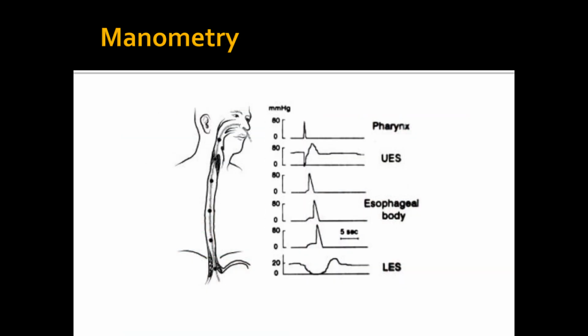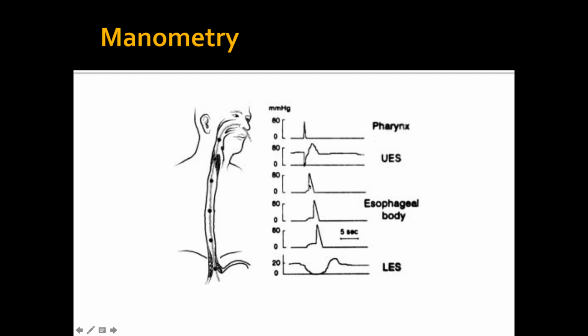So manometry is one of the studies that we use to assess the function of the esophagus. As we know, normally there is an upper esophageal sphincter with a resting pressure of about 50 to 60 millimeters of mercury in the cricoesophageal region up here. Patients will swallow, then you'll have relaxation of the upper esophageal sphincter.